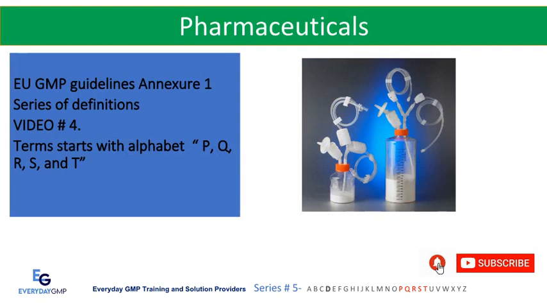EU GMP Guidelines Annex 1 series of definitions, video number 5. Terms starting with the alphabets P, Q, R, S and T. In the world of pharmaceuticals, precision and adherence to regulations are paramount. Understanding the key definitions and terminology laid out in the European Union Good Manufacturing Practice Guidelines, Annex 1, is not just important, it's essential.